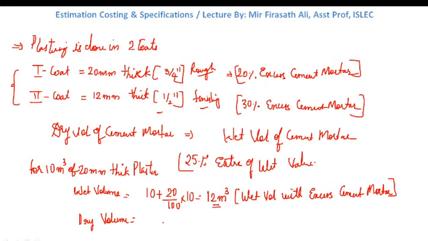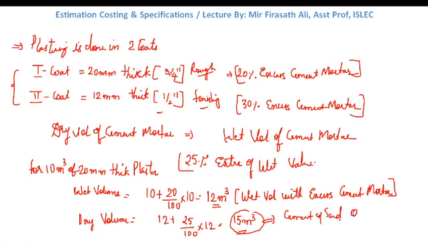It is 12 meter cube. 12 plus 25% extra, 25 by 100 into 12, which will be 15 meter cube. So, we need to take the cement and sand quantities for 15 meter cube.